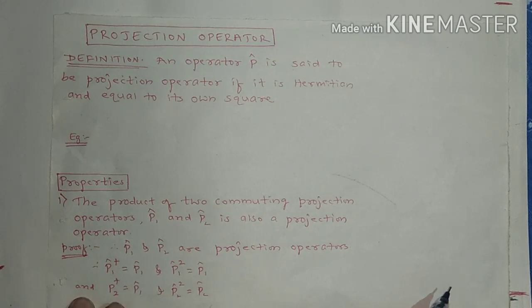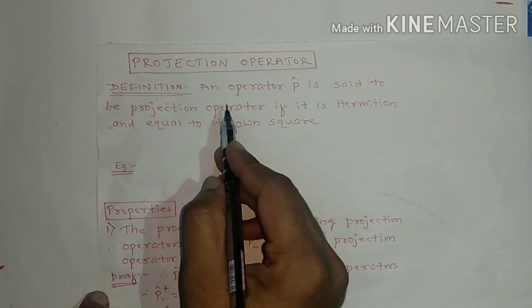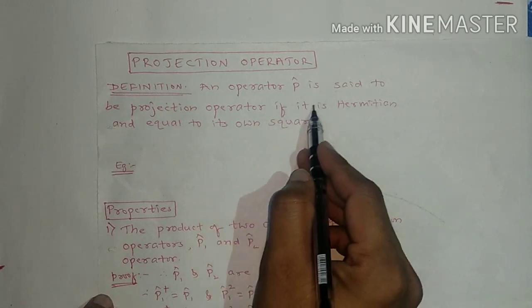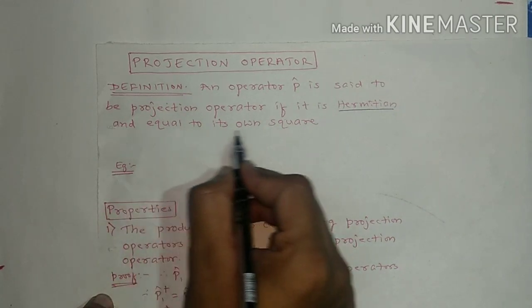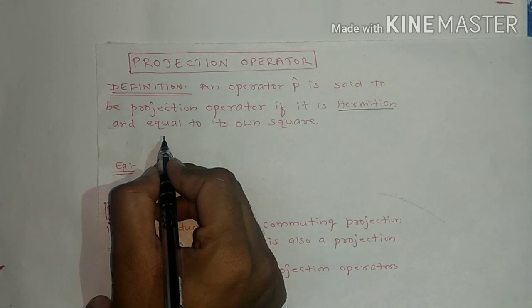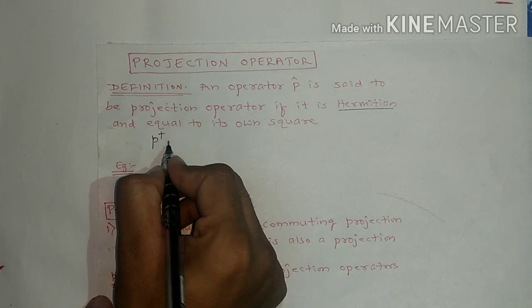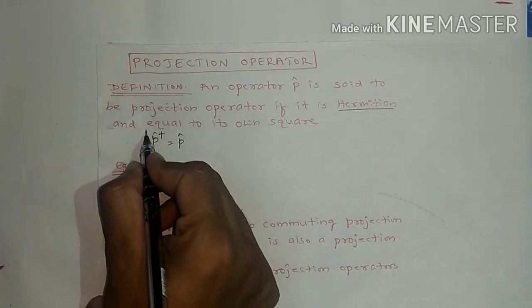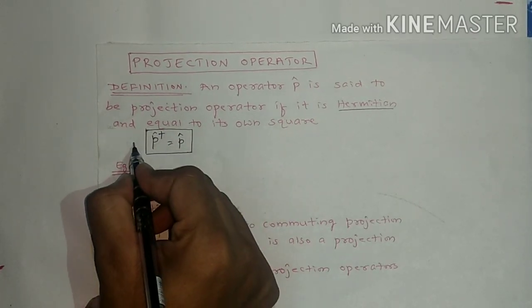Next, let us study the projection operator. The definition is: an operator P is said to be a projection operator if it is Hermitian and equal to its own square. An operator which satisfies P dagger equal to P is a Hermitian operator, so the projection operator satisfies this condition.